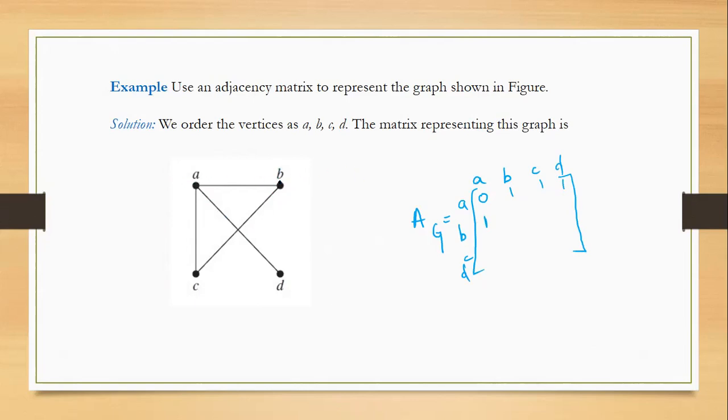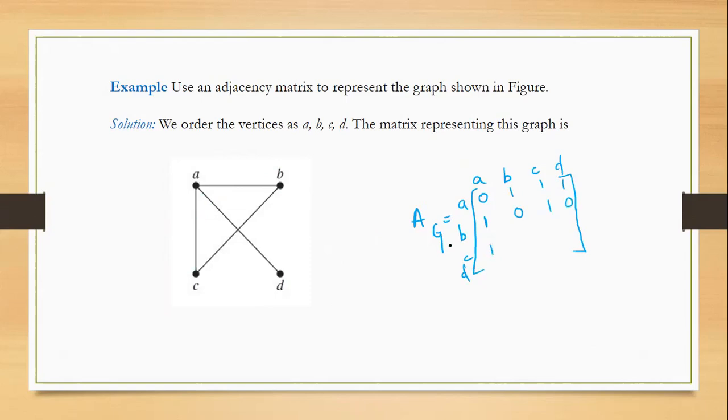Okay. Now what about B and D? So in the case of B comma B, we don't have a loop here, so we will write 0. B and C, yes, we have an edge, 1, and B and D, we don't have an edge, so 0. Similarly, what about CA?